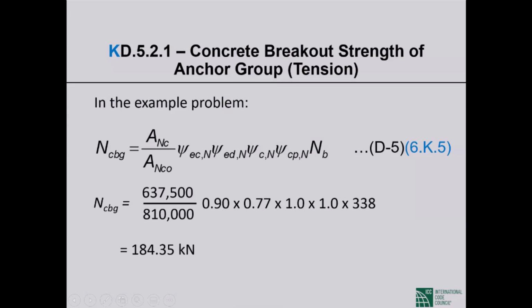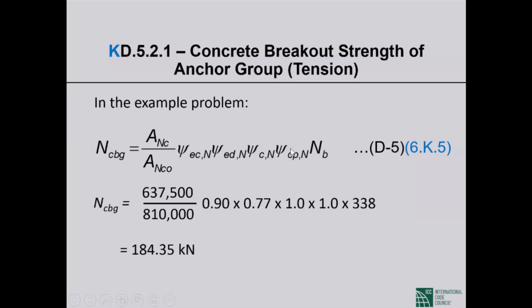Okay, so now we can calculate our breakout strength for the group of 6. A sub n, we calculate as 637,500. The A sub n,0 is 810,000. Eccentricity correction 0.9, edge distance correction 0.77. The correction for possible absence of cracking 1.0.